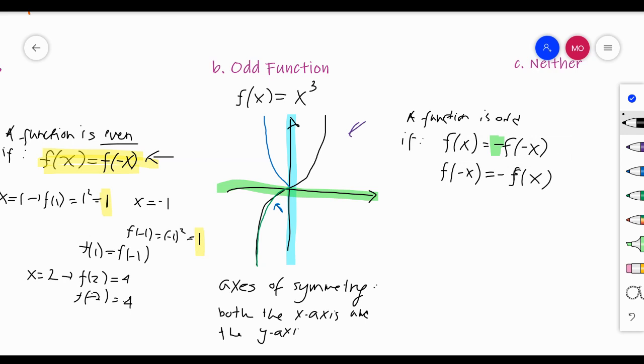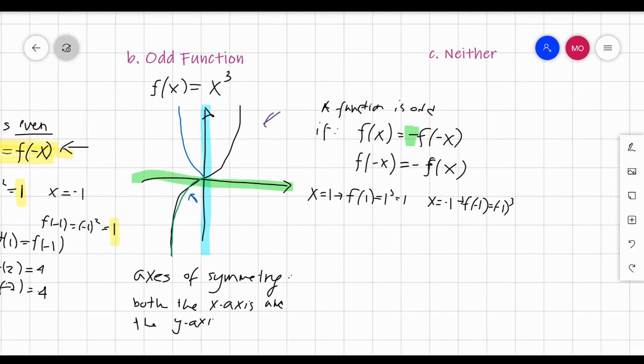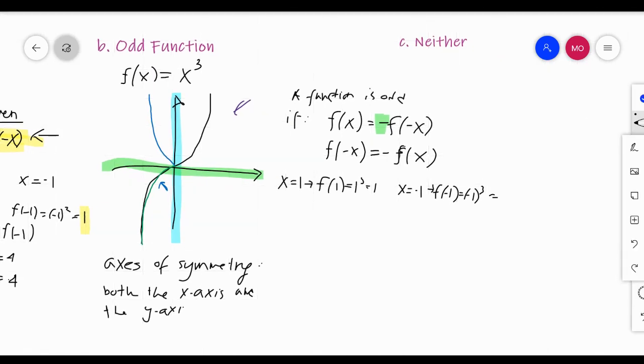All right. So now that we know that, let's see what it means. So for example, if I picked x equals 1, then we get f of 1, which is going to be 1 cubed, or just 1. On the other hand, if I pick x equals minus 1, then I'm going to get f of minus 1, which is minus 1 cubed. And minus 1 cubed, as you know, is minus 1.